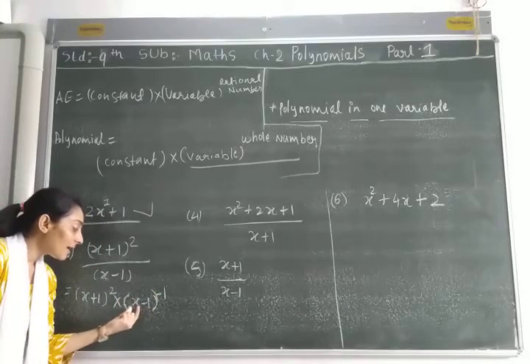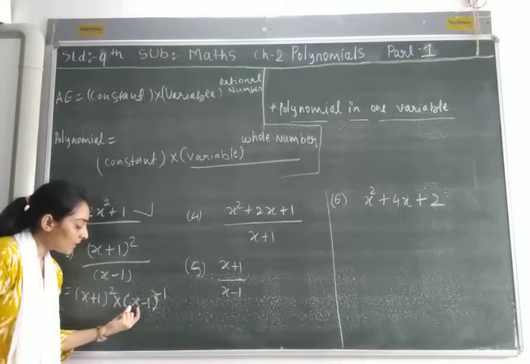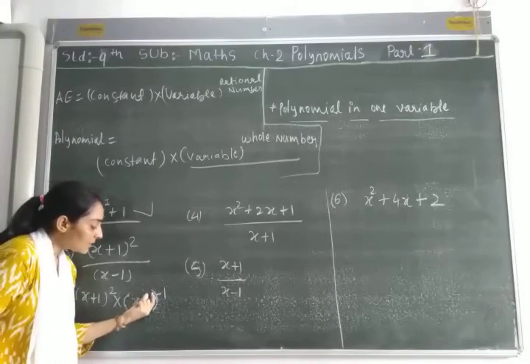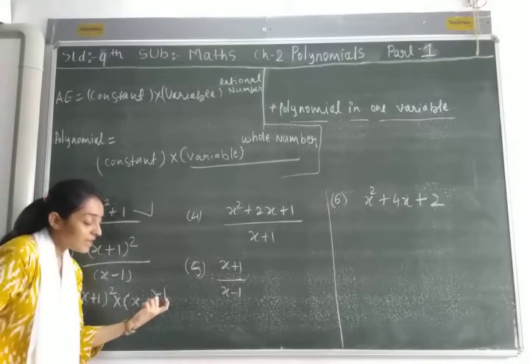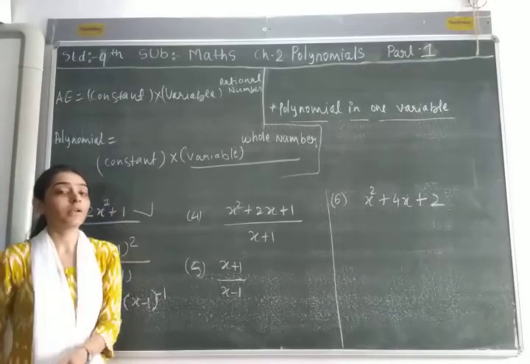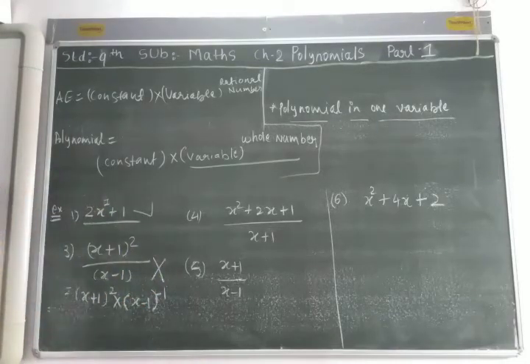The power of x I'm getting is minus 1, and minus 1 is not a whole number. So we can say that this is not a polynomial.